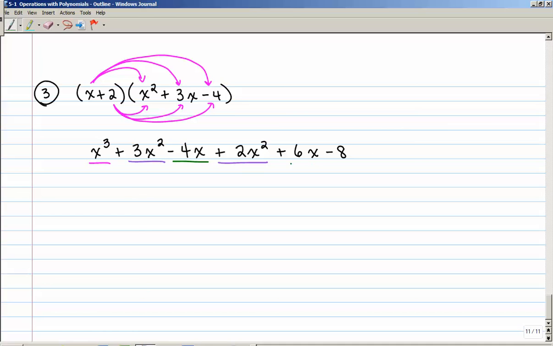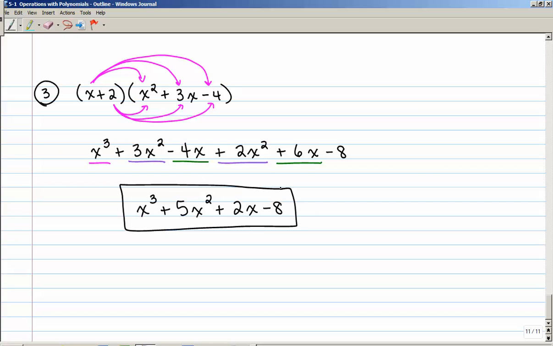And I have 2 plain old x's, and I'm out of colors, so I'll just kind of remember my negative 8 there. So I have x cubed plus 5x squared plus 2x minus 8. And that's multiplying a binomial times a trinomial.